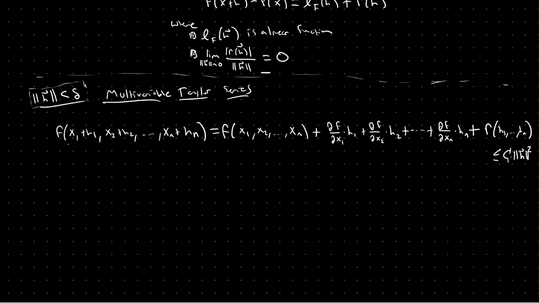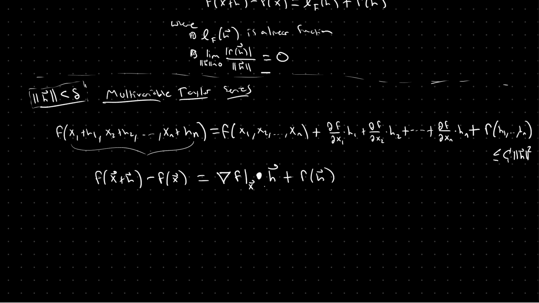Specifically, to make things a little simpler, if we represent this in vector notation as x plus h, and subtract this term right here, which is just f of x, this is equal to the gradient vector of the function f at the point x, dot product with the vector h, plus this remainder term r of h, where r of h satisfies this limit right here, because it's just the higher order terms in the Taylor series approximation.